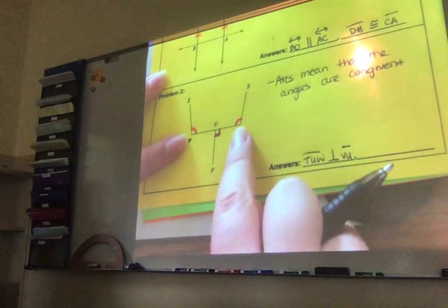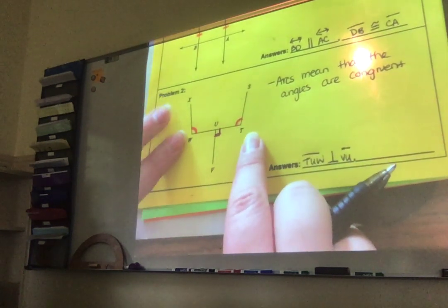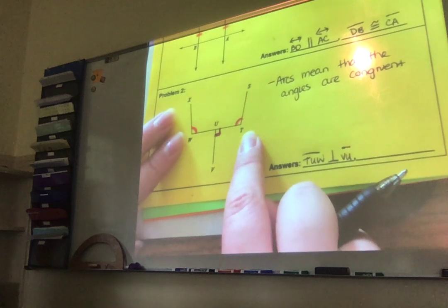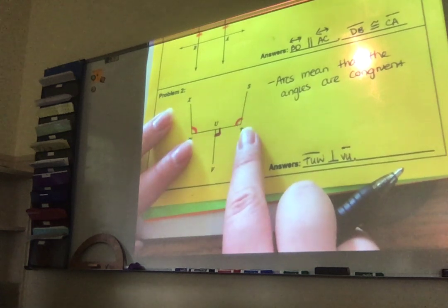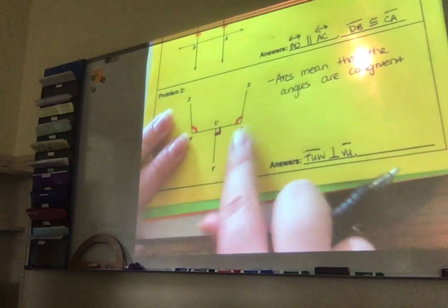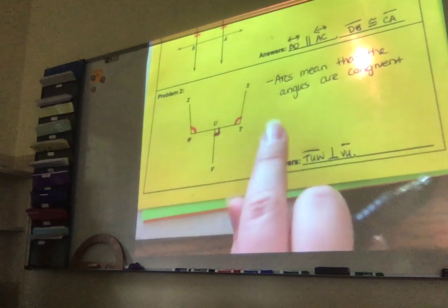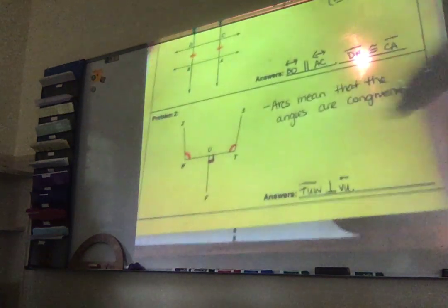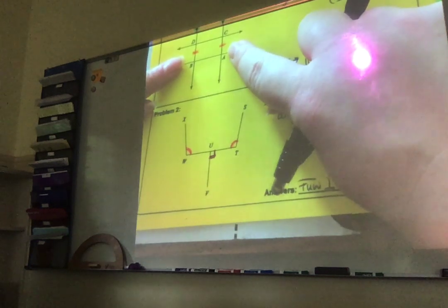So again, these arc marks are on two different angles. We have angle W and angle T. And because they share that same arc, we know that they're congruent. So angles use the arcs for congruency. Lines and segments use regular tick marks, like in problem 1 above.